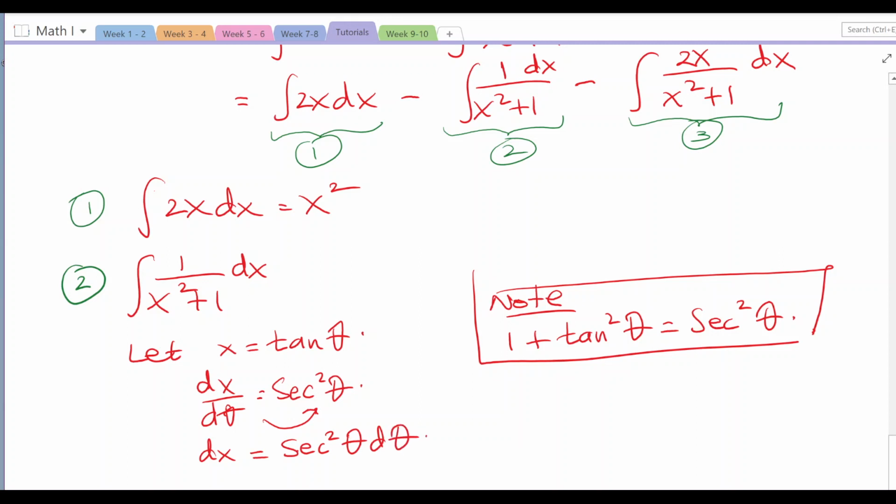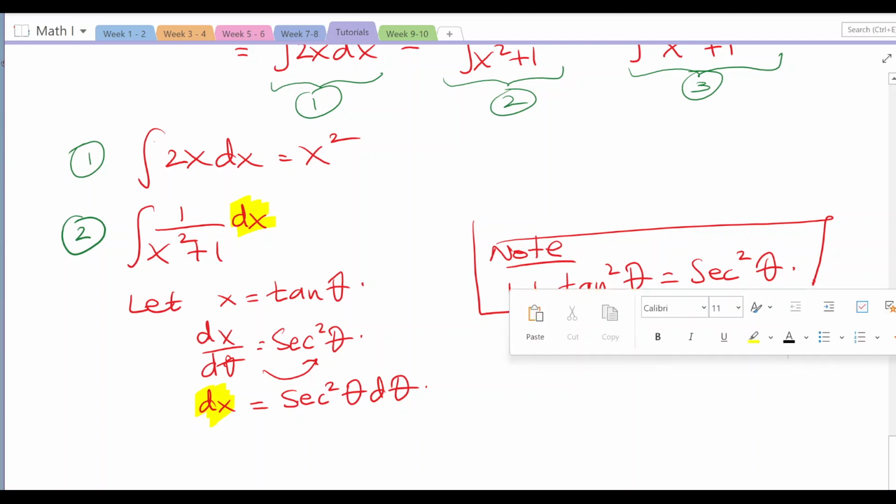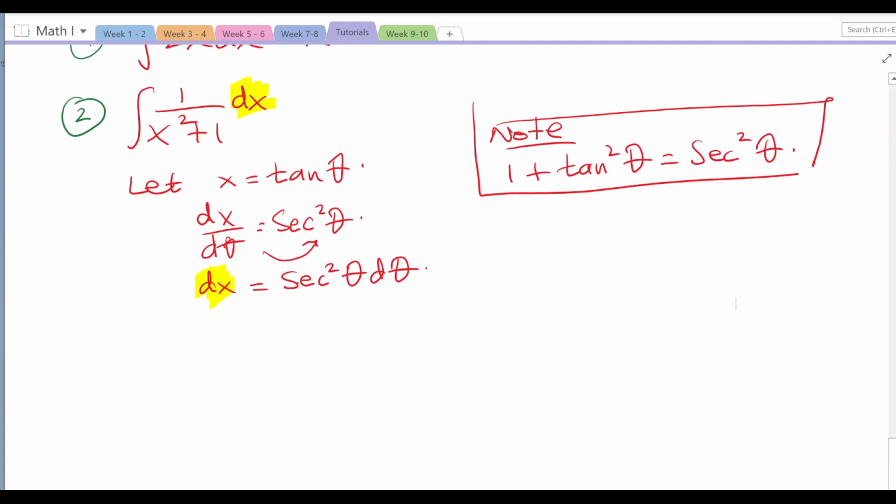We can leave it as dx equals secant squared theta d theta, if we move the d theta to the right hand side. So now we can start substituting our dx with secant squared theta d theta. At the same time, we are going to substitute our x squared with tan squared theta.